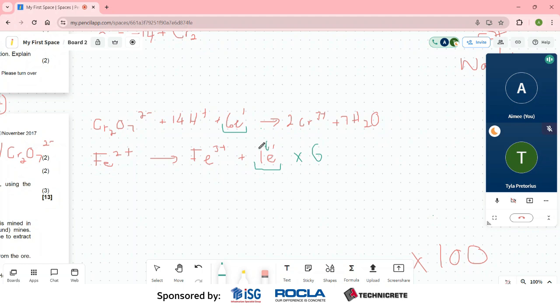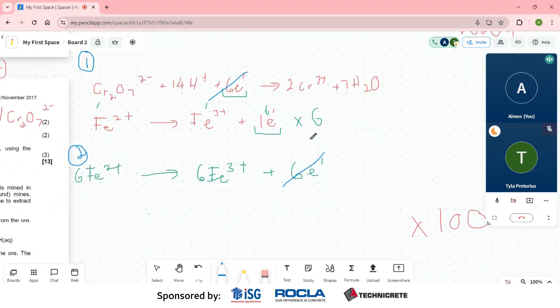So this one basically becomes 6 Fe2 positive gives me 6 Fe3 positive plus 6 electrons. Now your electrons from equation number 2 will cancel out with the electrons from equation number 1 because I've got 6 electrons on the left and 6 electrons on the right, so they cancel each other out, okay?